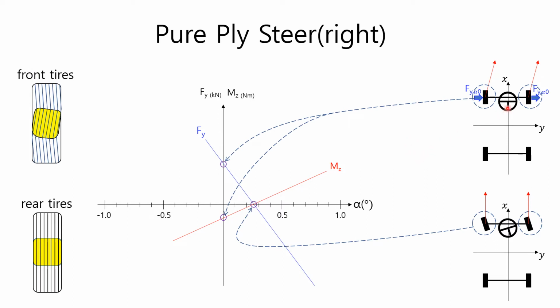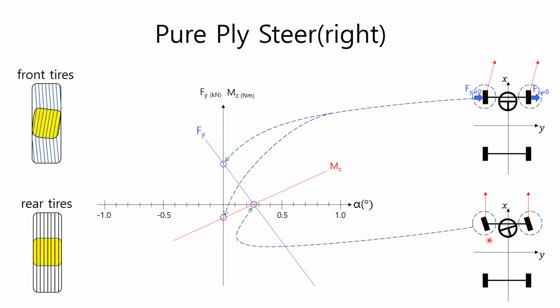When a steering wheel is fixed in the straight position and tires are in a straight state, the lateral slip angle is 0. In that case, the positive lateral force and negative self-aligning moment corresponding to the ply steer occur.